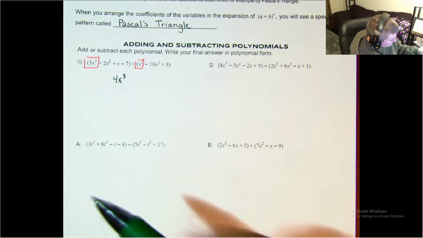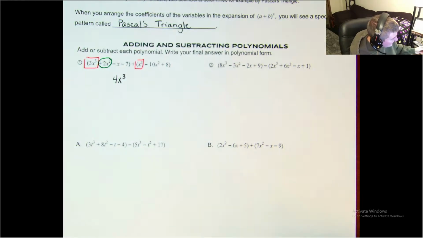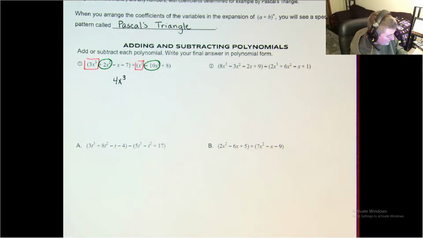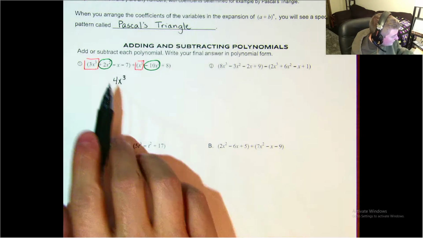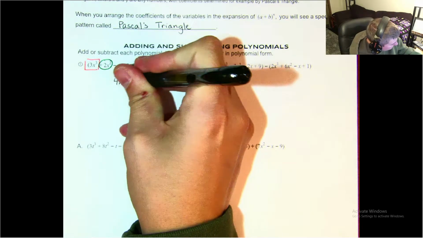Okay, what about 2x squared? Okay, so what if I have positive 2x squared? That can only be combined with negative 10x squared. Okay, and so as I'm looking at this, 2x squared minus 10x squared, those are going to combine into negative 8x squared.